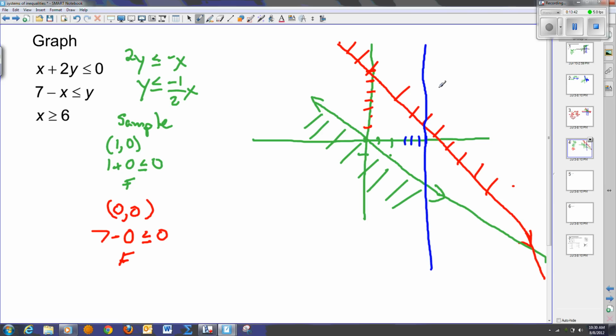So now I have to shade everywhere where x is greater than that. And I notice now that I'll have a triple shaded region, but that region's not going to happen until way out here. And those points in that region will satisfy the solution.